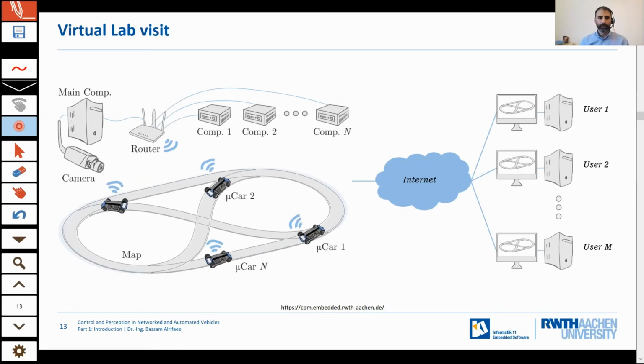And we have a main computer. It is the computer where we run the experiments, where we control the whole lab. It's also called the Lab Control Center. Actually, the Lab Control Center is software running on the main computer. And for distributed computations, we have small computers, the MUCA.